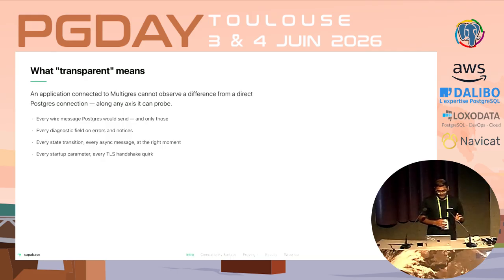Every startup parameter, TLS and handshake-related quirks, etc. It's a very long list, but the good thing is that defining it precisely and then making it testable is what held us to that bar, and we will see some of those examples in the rest of the talk. It's still ongoing work.